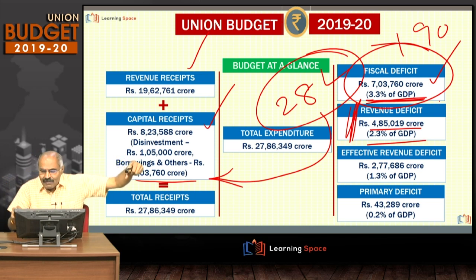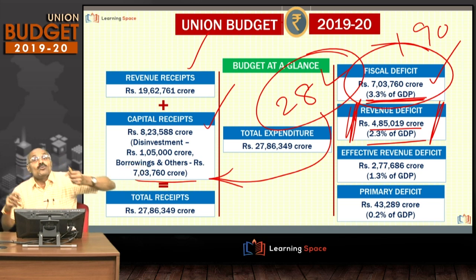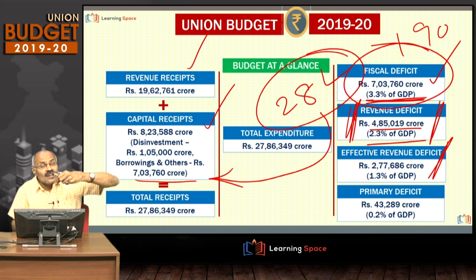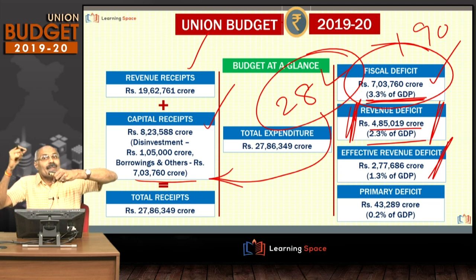So friends, revenue deficit indicates that part of your borrowings are used for day-to-day expenditure. Effective revenue deficit, that means part of the revenue expenditure is for creation of capital assets, right? So if you subtract that, that means part of the money is used for creation of capital assets.